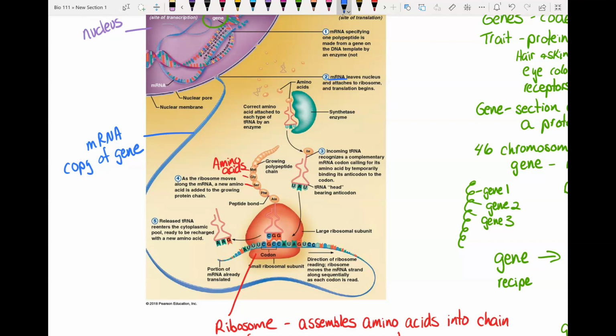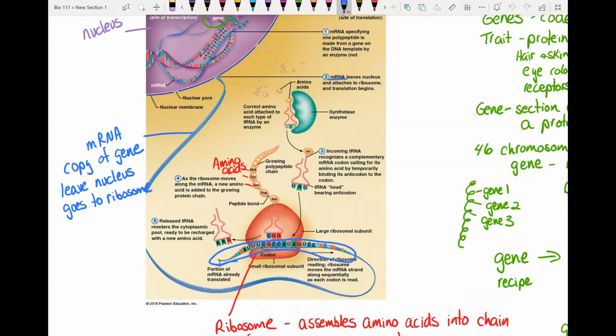The picture of the recipe that you have now is the messenger RNA. Messenger RNA does leave the nucleus and goes to the ribosome. So here you can see, here is the messenger RNA at the ribosome.